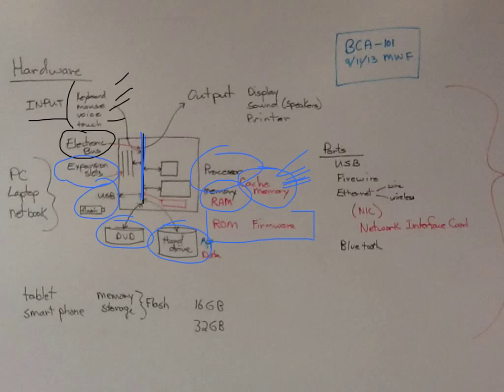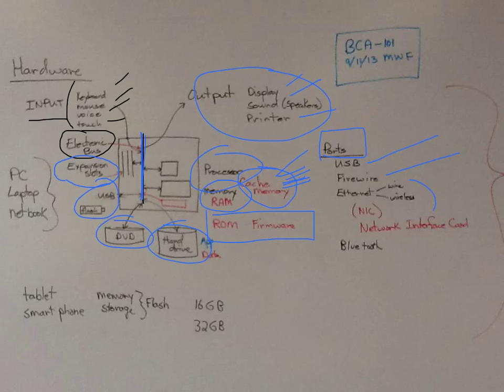I already talked about ROM. Output devices, display, sound, printers, and then ports. We're talking about the physical ports. The word ports is used a lot of different ways in computers. USB, very popular. Firewire for video.